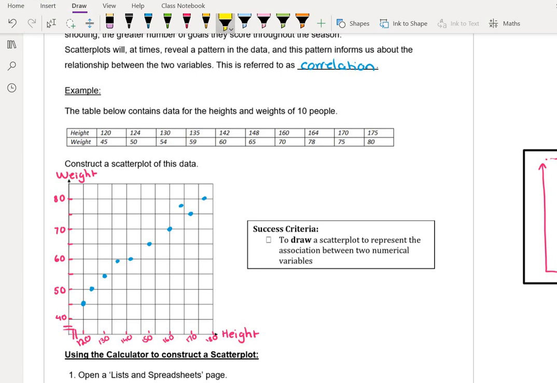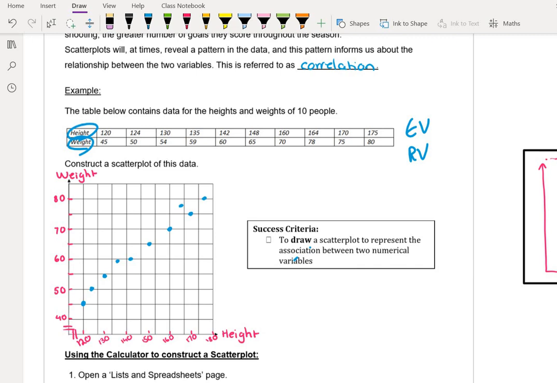When you're drawing scatter plots, we'll practice one here using this data. The first thing you need to do is determine which one is going to be your EV and which one is going to be your RV. This is about people's height and weight.